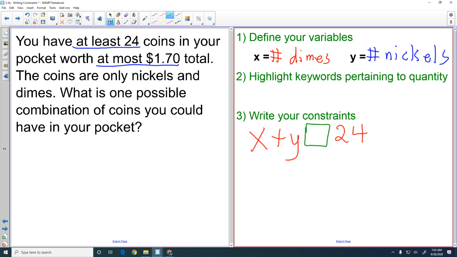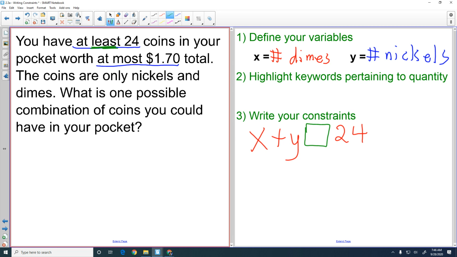Now, what we need to determine is what symbol goes here. So on the left side, I've got x and y, the numbers of dimes and nickels, and I'm comparing them to that 24. They need to be at least 24. What inequality symbol goes in there? What do you think? Less than or equal to? Greater than or equal to? So the word at least, it's a bit deceptive. Least makes you think lower, less than. But what it's saying is that the number of coins has to be at least 24, meaning that must be the lowest amount. 24 is going to be the smallest amount.